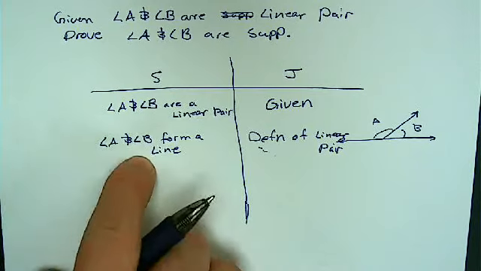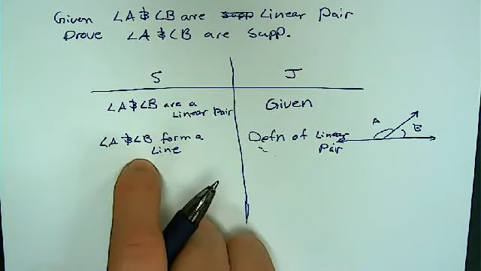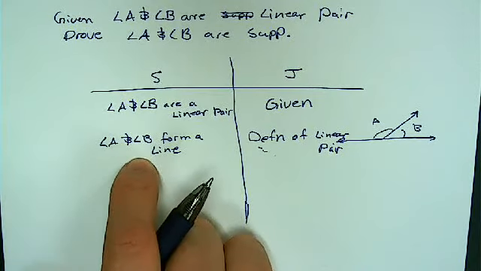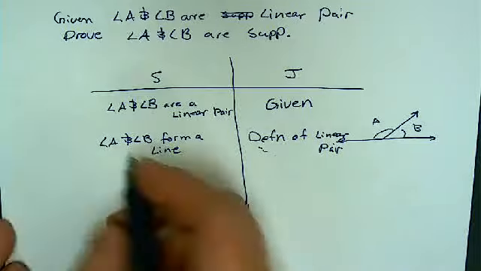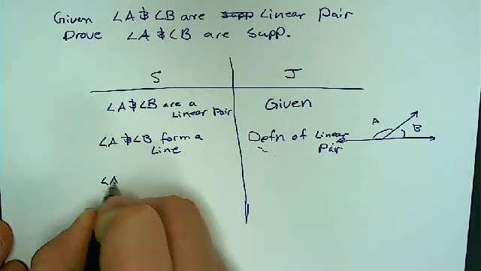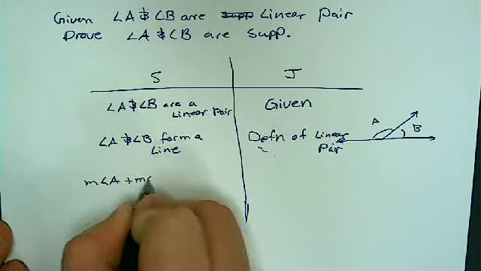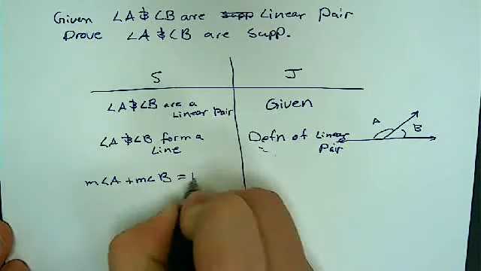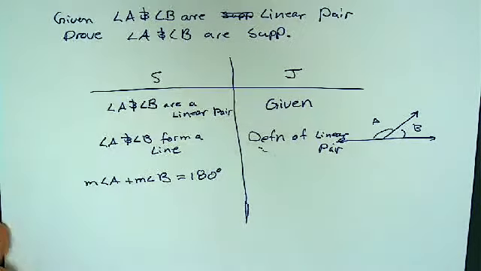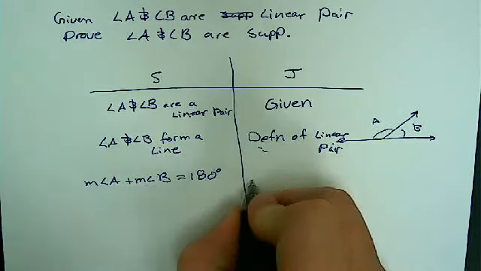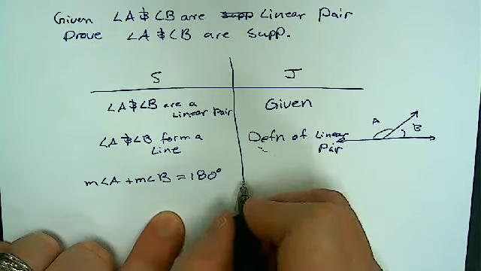Now, if two angles form a line, how big are they? 180, yeah. That would be the measure of angle A plus the measure of angle B has to equal 180. How do I know that? That's how much a line is.